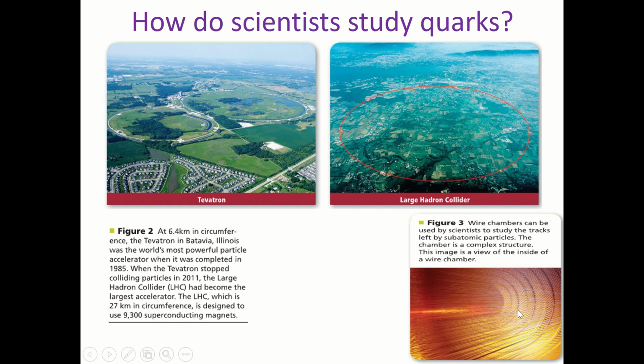Now here I also have something which is called the wire chamber. You can see from the name it's called wire and chamber, right? Chamber means a room, and wire means a room that contains wires.